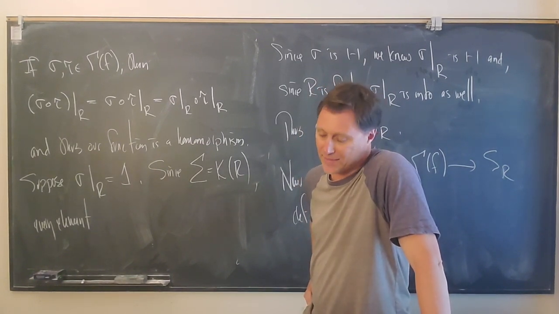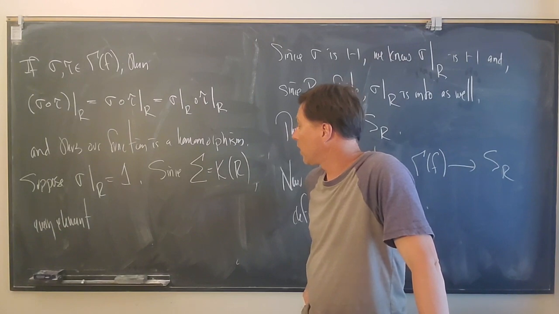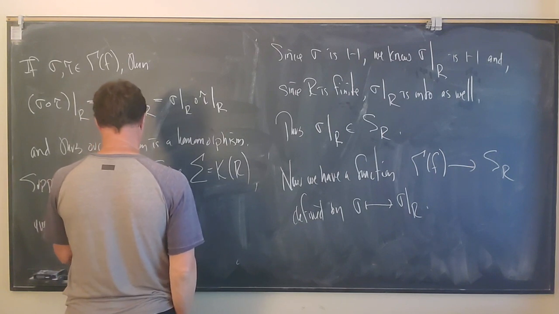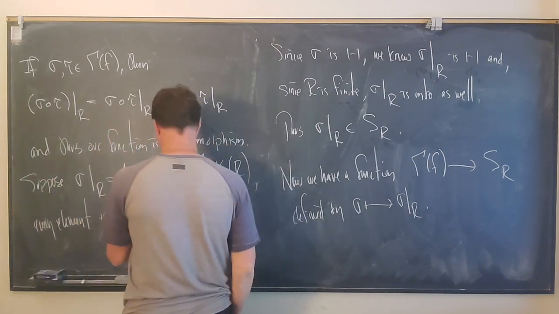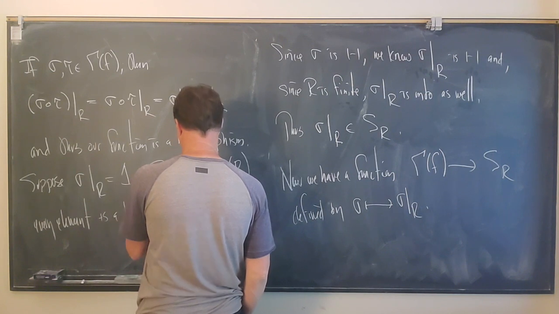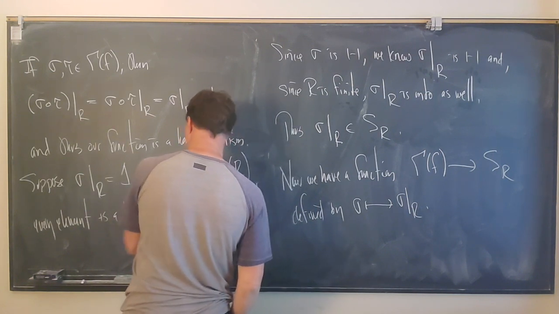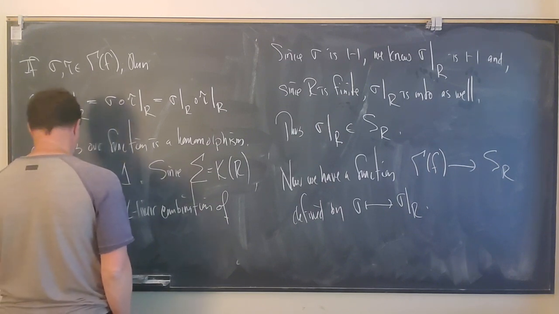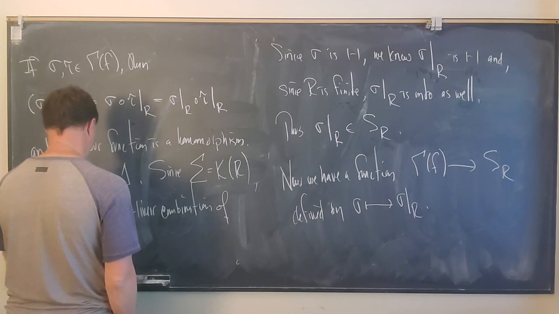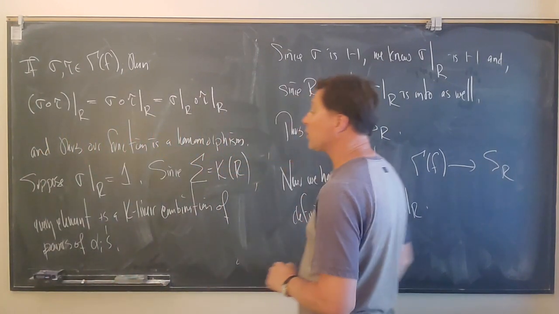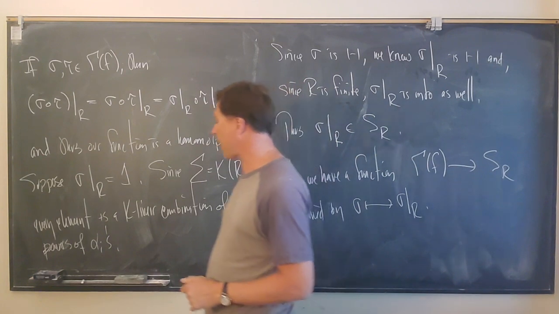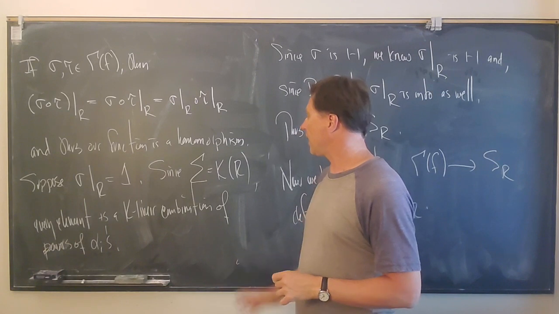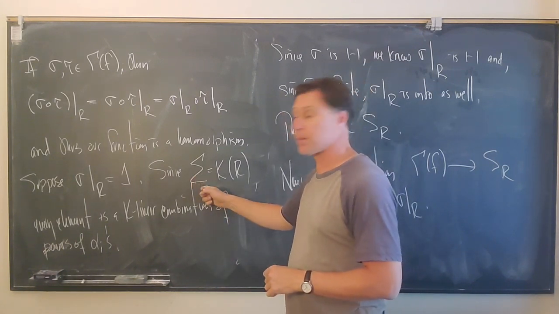Just think about the proof of the Tower law: every element is a K-linear combination of powers of the alpha i's. So if sigma takes each alpha i to itself, then it's going to take every single element of the field to itself.